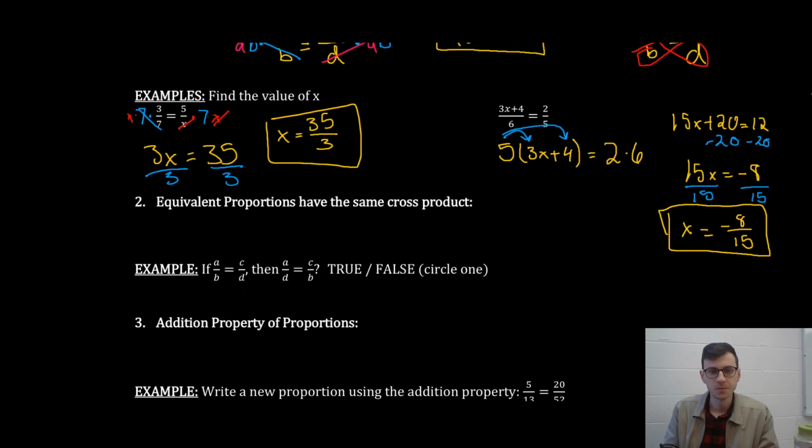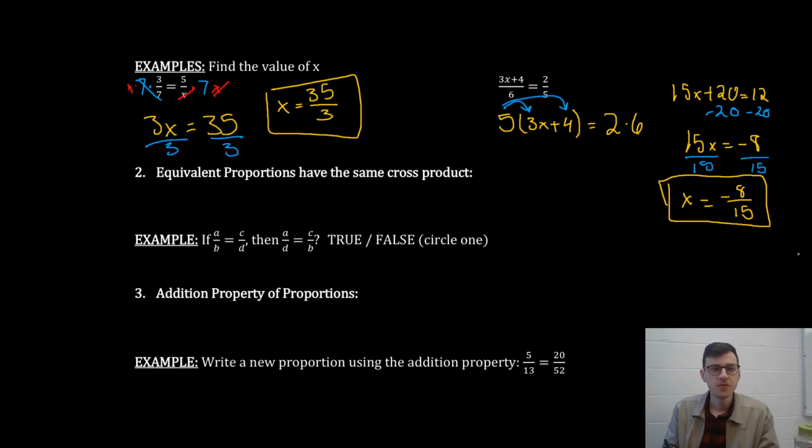So an example here, if A over B equals C over D, then does A over D equal C over B? We can check that by looking at the cross product, right? Because it's harder for me to say, just looking at this, A over B equals C over D, is that the same as A over D equals C over B?